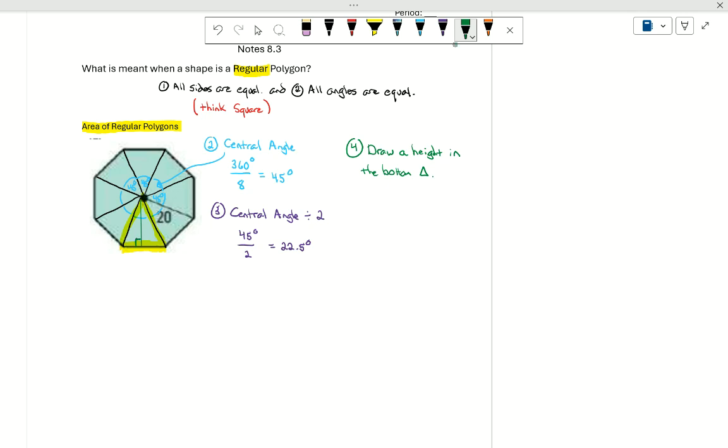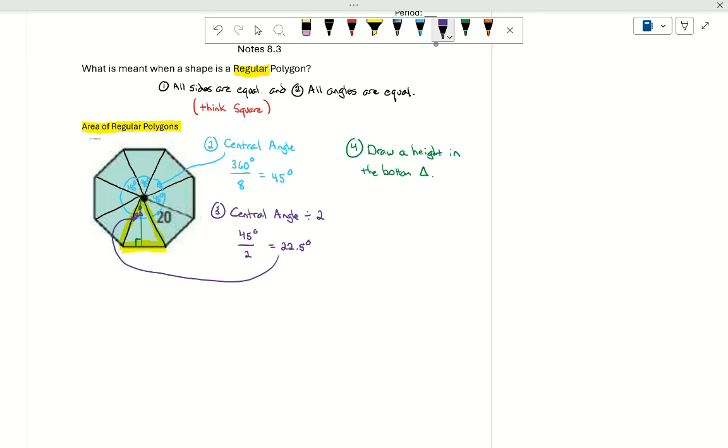Okay? And what happens is that this 22.5 degree angle goes right inside of that little triangle that you just drew. It's going to be really hard to see here, but that angle up there is 22.5 degrees. And we have created a right triangle.